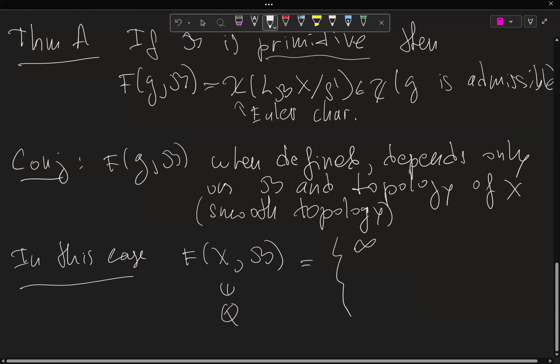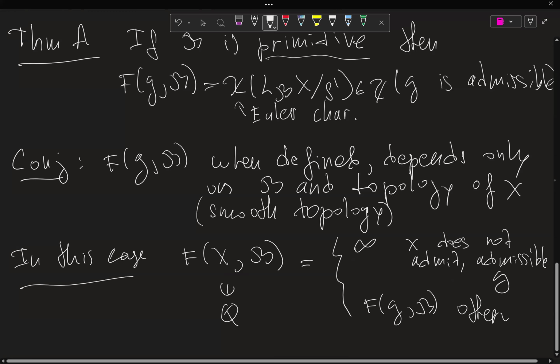We'll just say it's infinity if X is any manifold that does not admit a smooth structure and admissible G, and then F G beta otherwise.